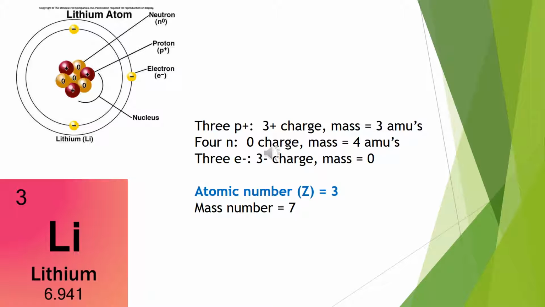Now, I'm going to say something here, and you're going to hear me say this many times because it's so important. The proton count, those 3 protons in the nucleus of a lithium atom, which is called the atomic number. It's the atomic number, the proton count, that makes that atom an atom of lithium and not an atom of some other element.